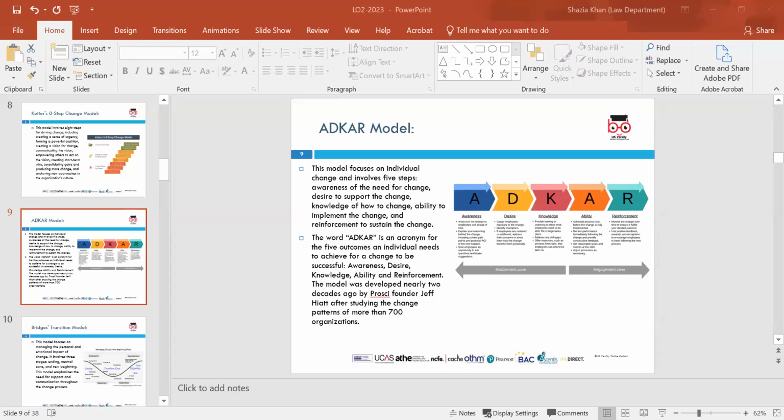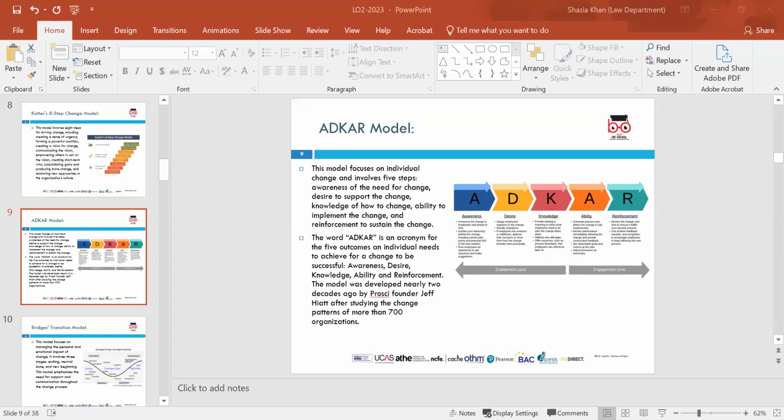The acronym ADKAR means, firstly, in the diagram as well, awareness, which focuses on making individuals understand why the change is necessary, so why there's a need for change. The desire, which is the D: after building awareness, fostering a personal desire to support and participate in the change is essential. Then the K is knowledge, which refers to providing the information and training necessary for individuals to know how to change.